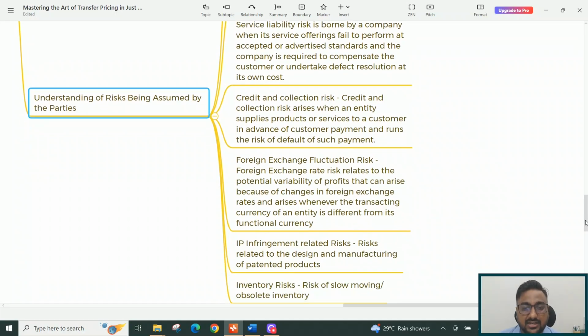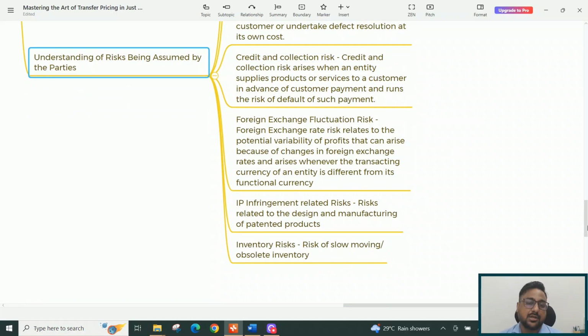Now, credit and collection risk. Credit and collection risk arises when an entity supplies products and services to a customer in advance of customer payment and runs the risk of default of such payment, right? So who will bear that credit and collection risk? Then foreign exchange fluctuation risk. Foreign exchange fluctuation risk relates to the potential variability of the profits that can arise because of changes in foreign exchange rates, and arises whenever the transacting currency of an entity is different from its functional currency.